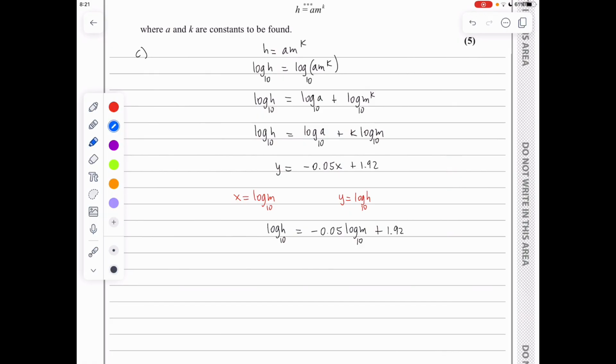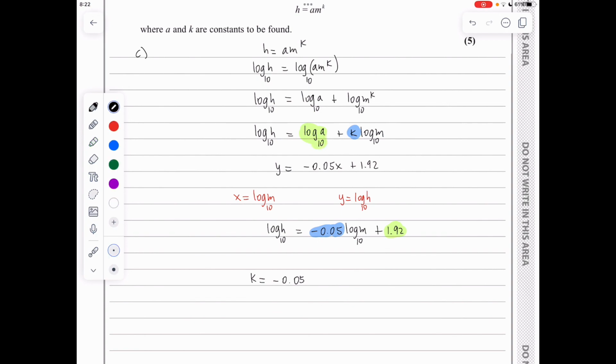So we see that the -0.05 should be matching the K here. So K is -0.05, and the 1.92 should be the log A base 10.